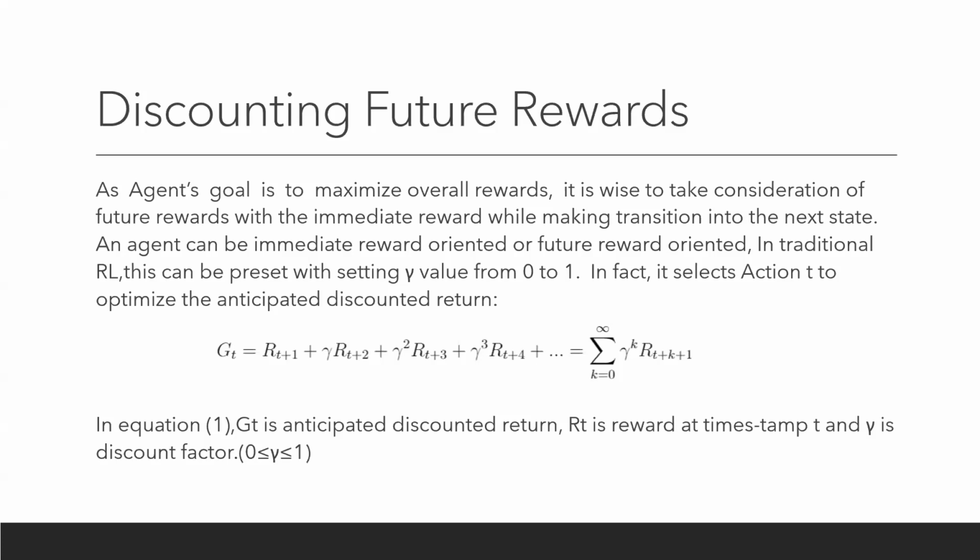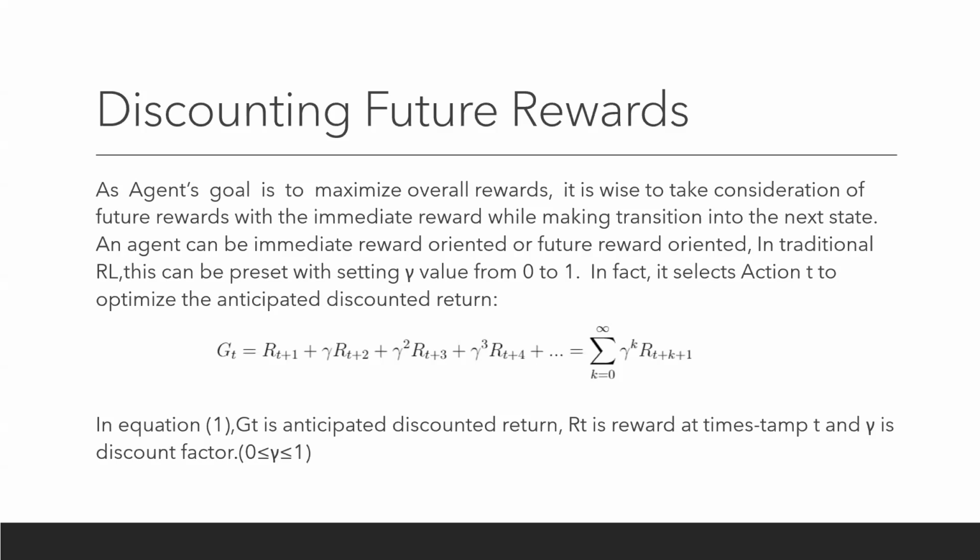It is represented as follows: when we try to maximize GT, the discounted return of a particular state, RT is the reward at time step T. A time step is basically when the agent transitions between the first state and the second state; it's called one time step.